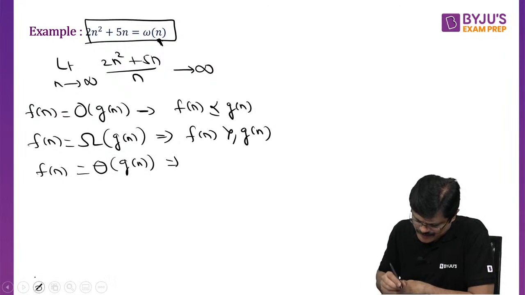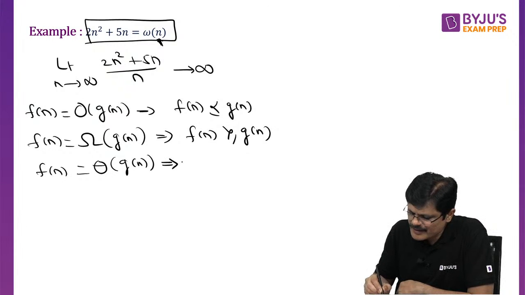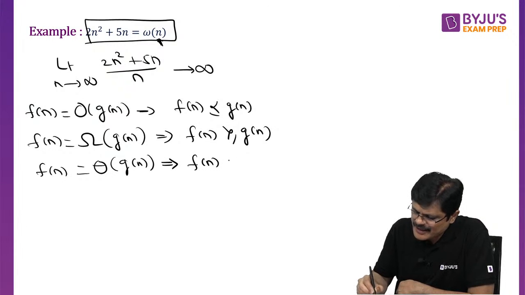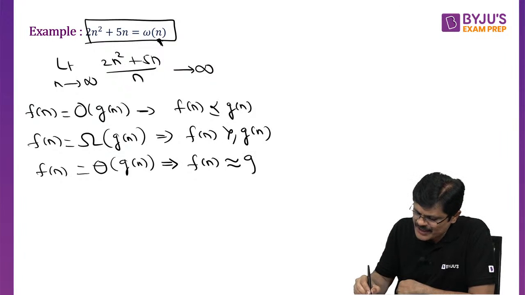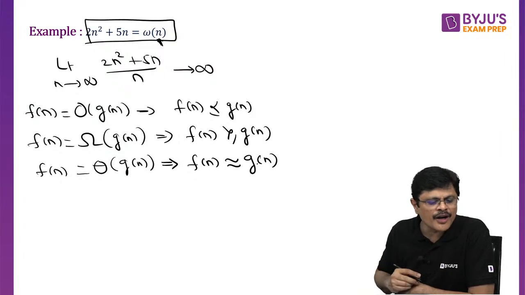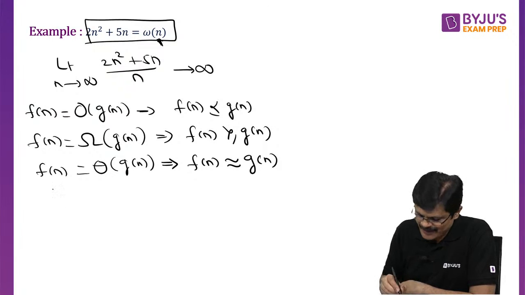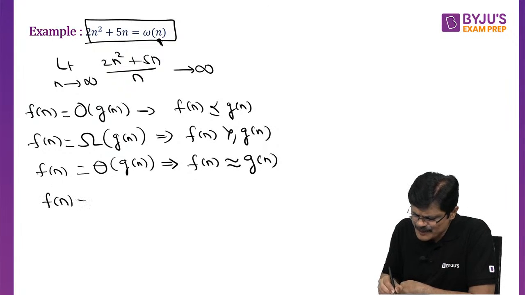And when you say Fn is big theta of Gn, what does it mean? See here, we use this equality notation. Fn has equal order of growth as Gn. Am I clear? And when you say Fn is small o of Gn, what does it mean?